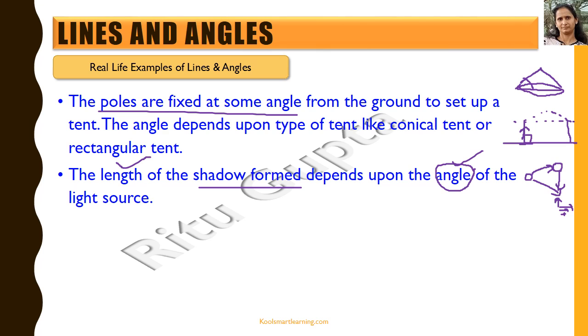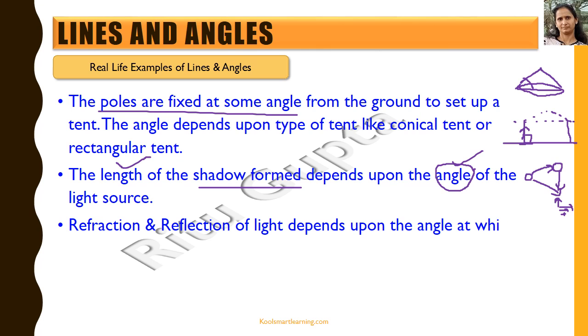This is not just the case of the sun. If you have a torch in your hand and you're trying to make a shadow of some object, you can see that if you keep tilting the torch by some angle, the length of the shadow will keep on changing. Then we have refraction and reflection of light, which also depends upon the angle at which it is incident.